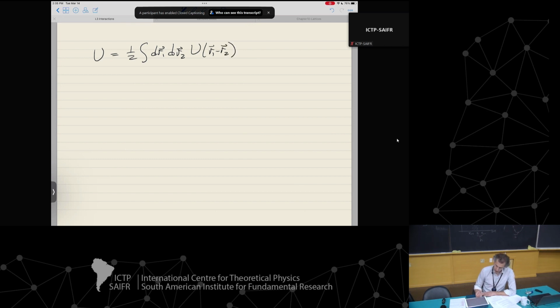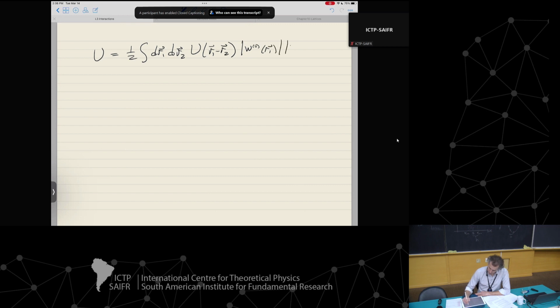And then I want to write down a wave function for each of those particles. But we know what that is already. It's the Wannier function for the lowest band, if we're looking at a single band model, for position 1, and the Wannier function for particle number 2.